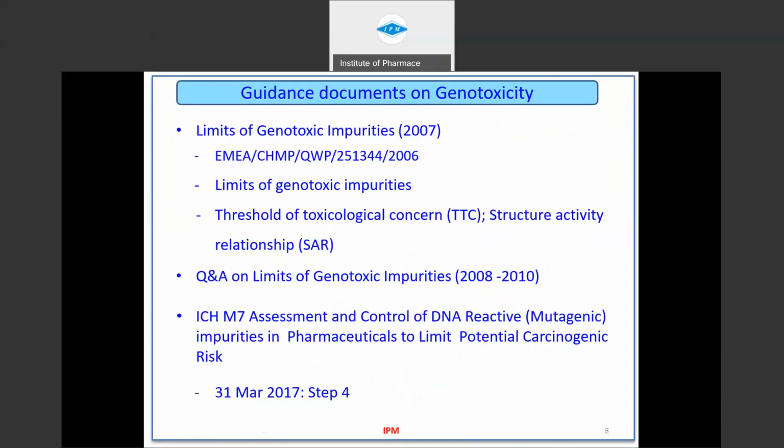Now the guidance documents on genotoxicity are listed here. You go through these documents so that you get more information on the control of impurities, what are the levels, what is meant by threshold of toxicological concern, and so forth, and several other terms.